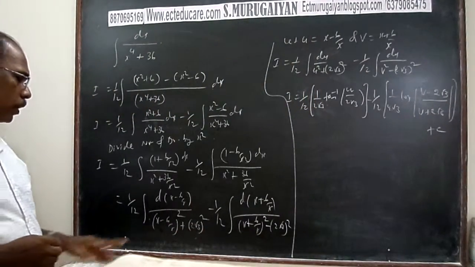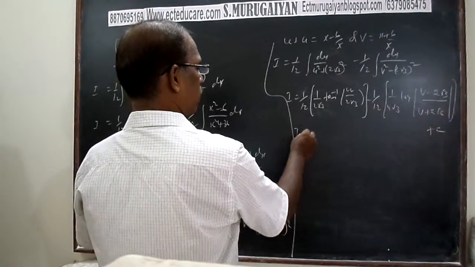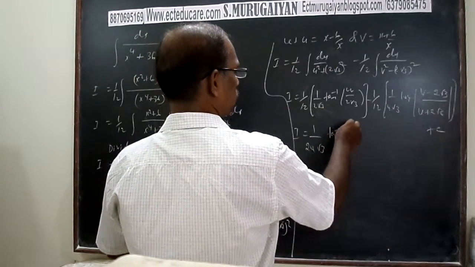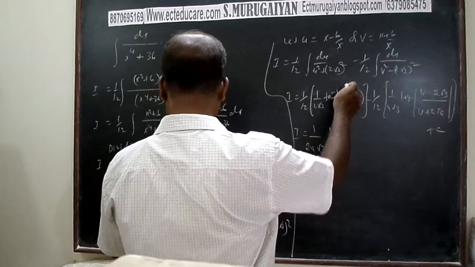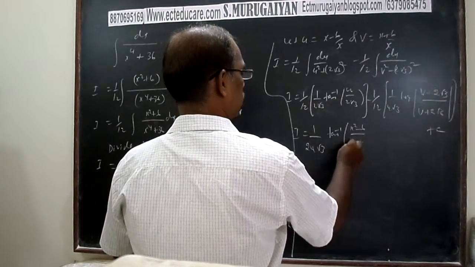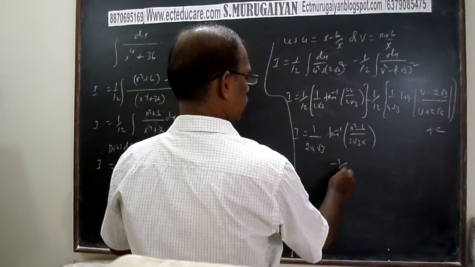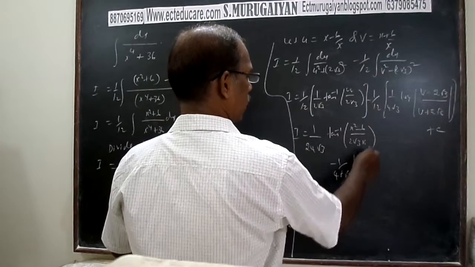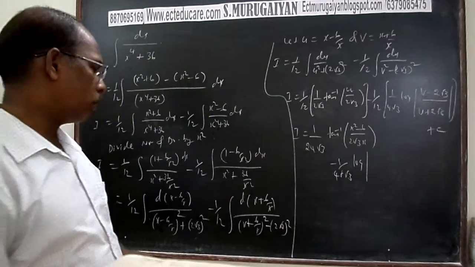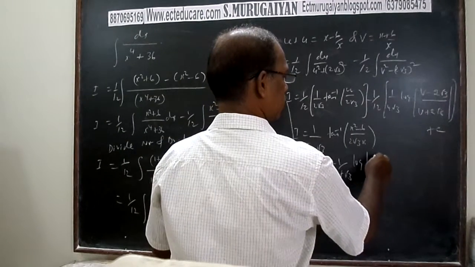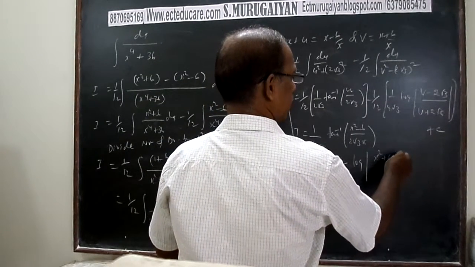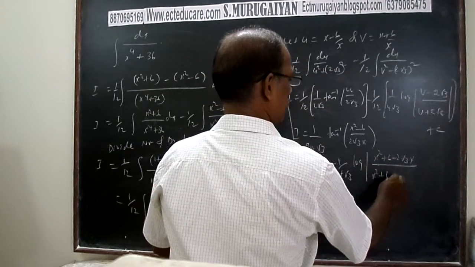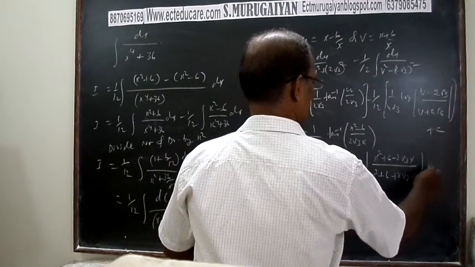So what is u? x square minus 6 by x. So I equals 1 by 24 root 3 tan inverse of, substituting the value of u, x square minus 6 by 2 root 3 x, minus 1 by 12 into 4, that is 48 root 3, log mod of, with v equal to x square plus 6, so x square plus 6 minus 2 root of 3x divided by x square plus 6 plus 2 root of 3x, after simplification.